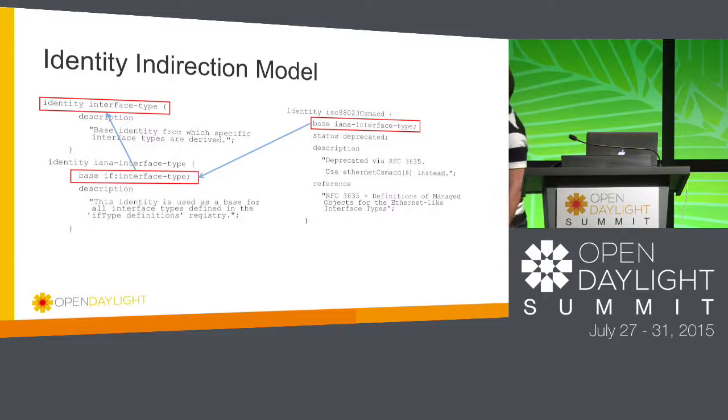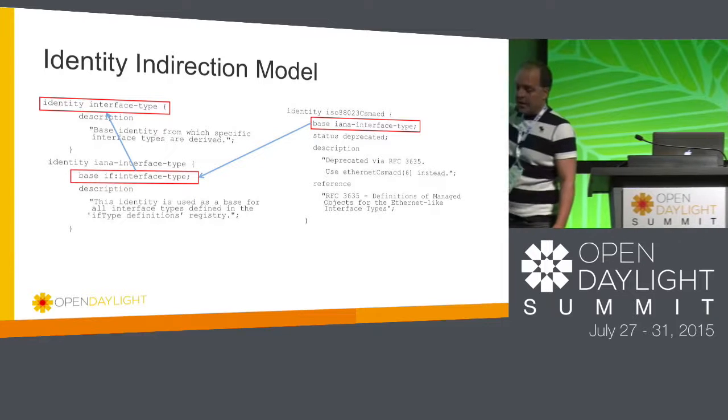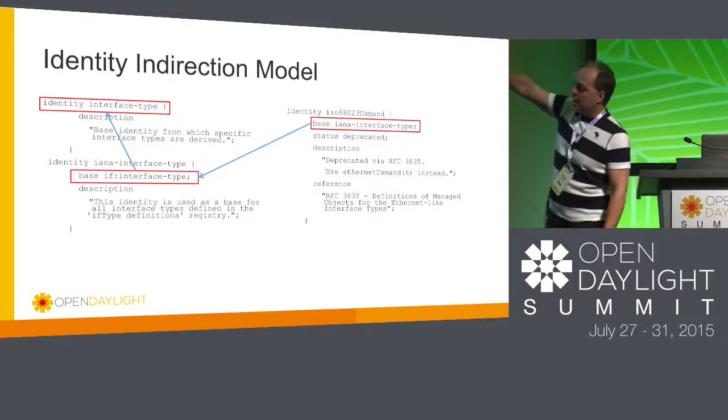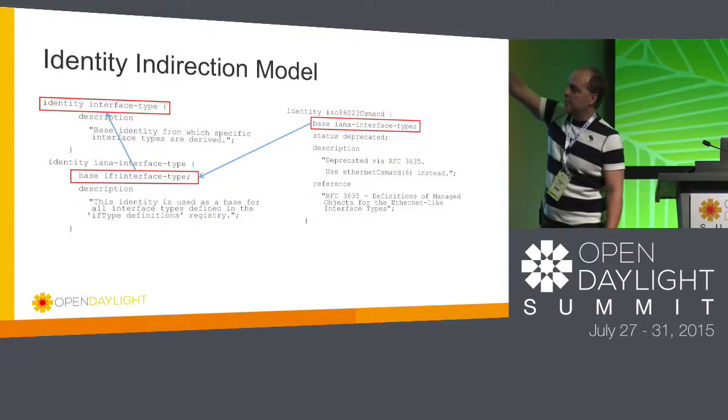So you can create tons of identities here. They all inherit from the base interface type. And not only that, the base IANA interface type inherits from the identity interface type.